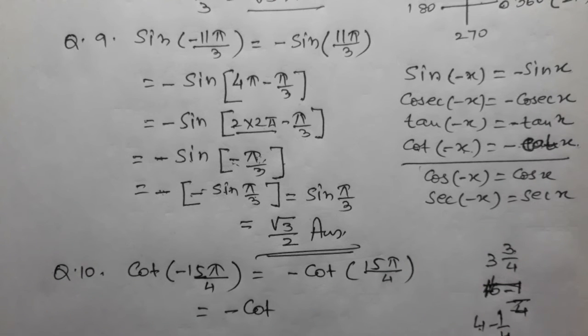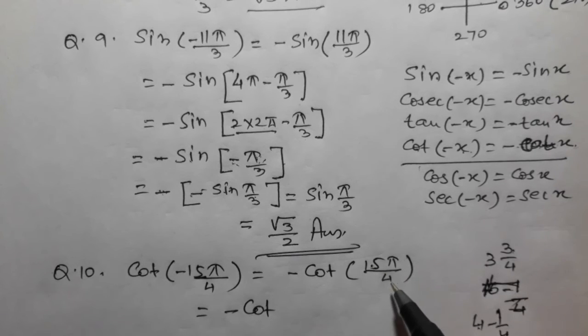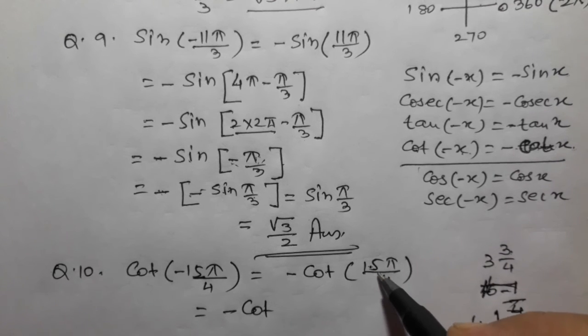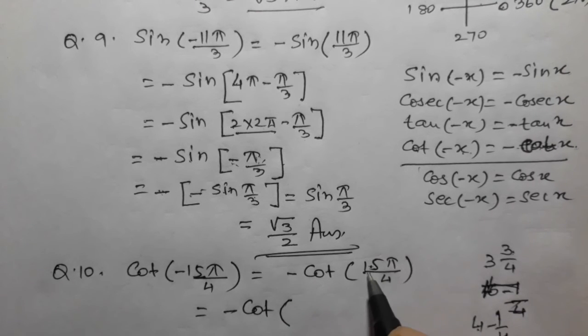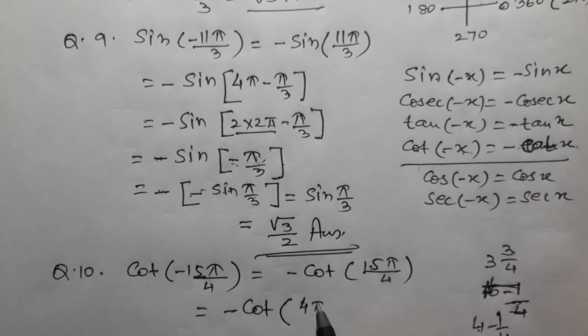That depends upon the case given. First of all, we should know that this should be nearest to the next multiple. The next multiple of 4 is 16 and the previous multiple is 12. 15 is nearer to 16 than 12, so we shall consider 16. And 15 pi will be 4 pi minus pi by 4.